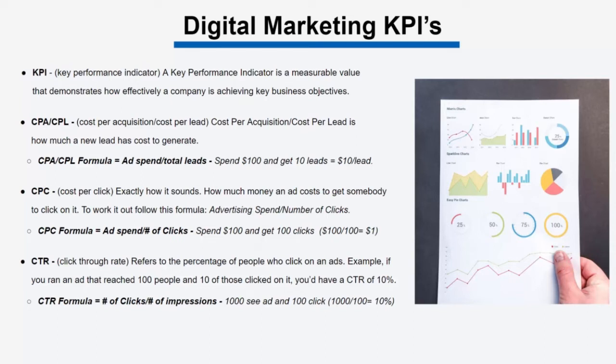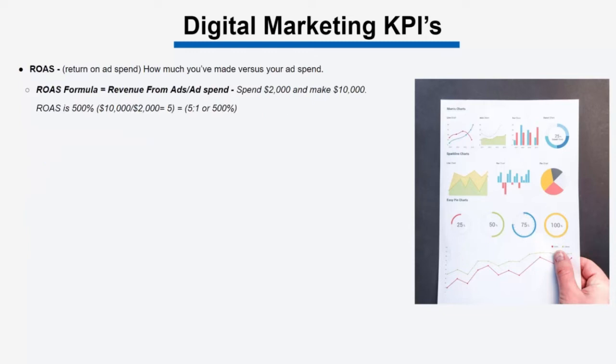Number of clicks divided by number of impressions. Here's another example we can take a look at. 1,000 people see an ad, and then 100 people actually click on the ad. So that's 100 divided by 1,000, because 1,000 is the amount of impressions, and then the 100 are the amount of people that actually click on the ad. So that's a 10% click-through rate.